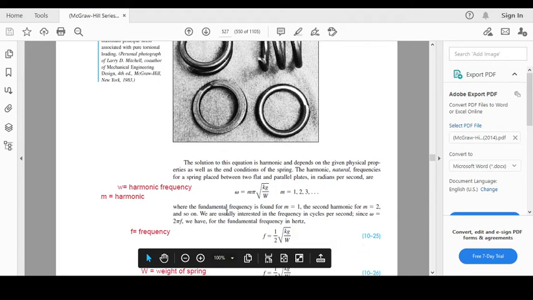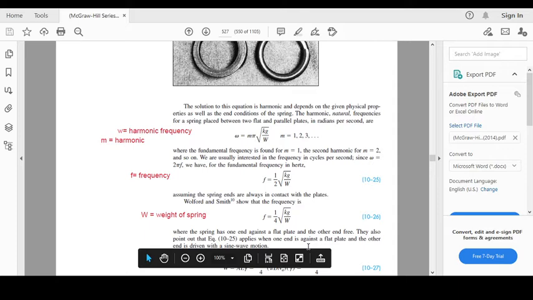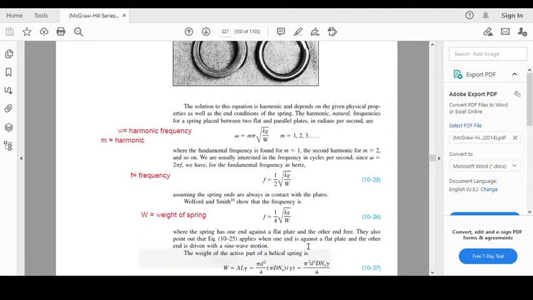The solution to this equation is harmonic and depends on the physical properties as well as the end condition of the spring.